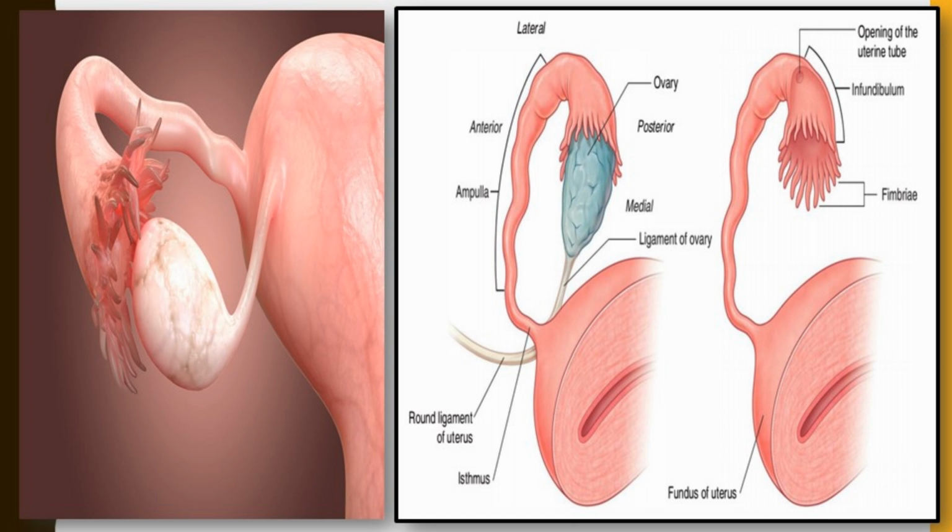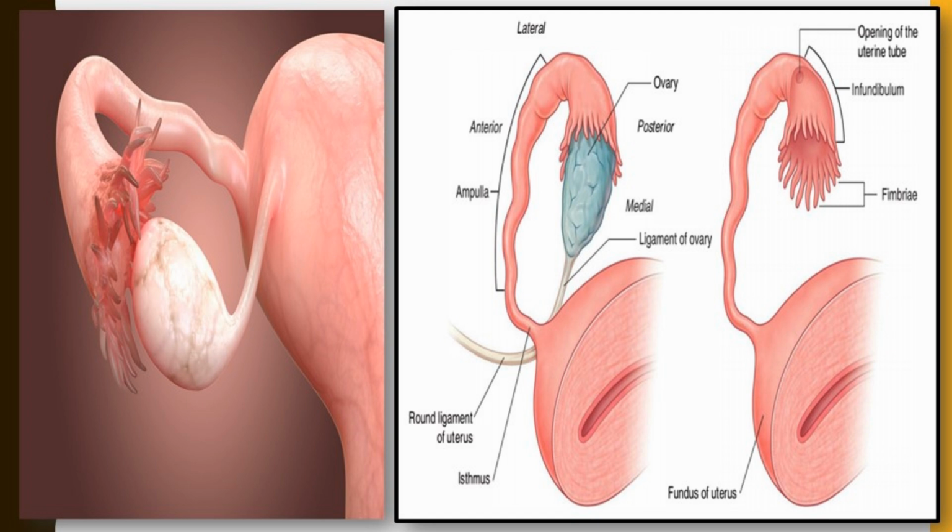Each fallopian tube is about 10 to 12 centimeter long and extends from the periphery of each ovary to the uterus. The part close to the ovary is the funnel-shaped infundibulum.